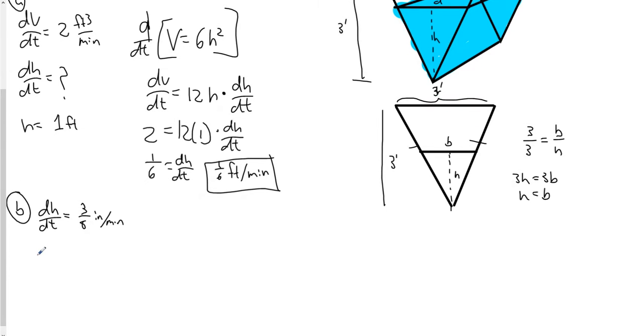And then they say that when the height is 2 foot, what is the change in volume? dV over dt, that's what we're looking for.